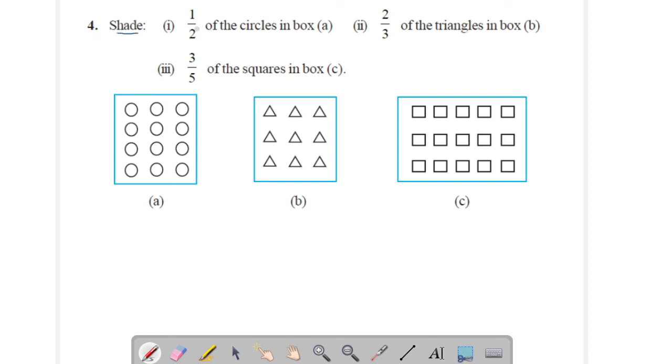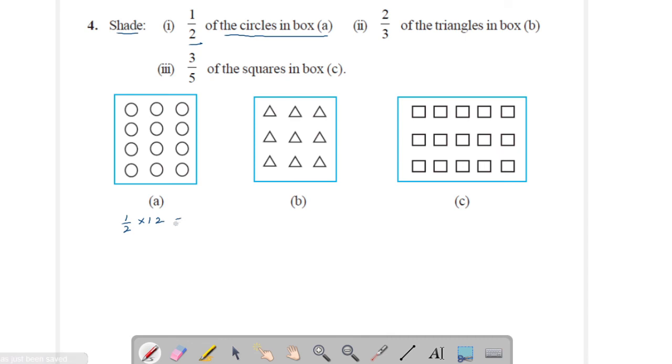First part, 1 upon 2 of the circles in box A. Here how many circles are there? 1 2 3 4 5 6 7 8 9 10 11 12. How many circles will you say? It is 1 upon 2 into 12.